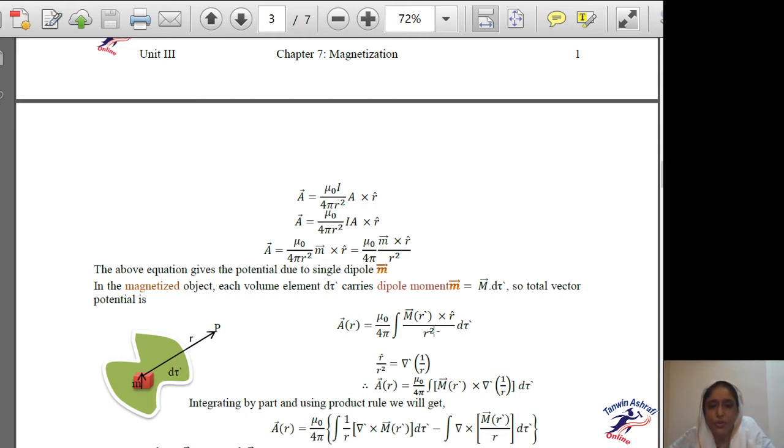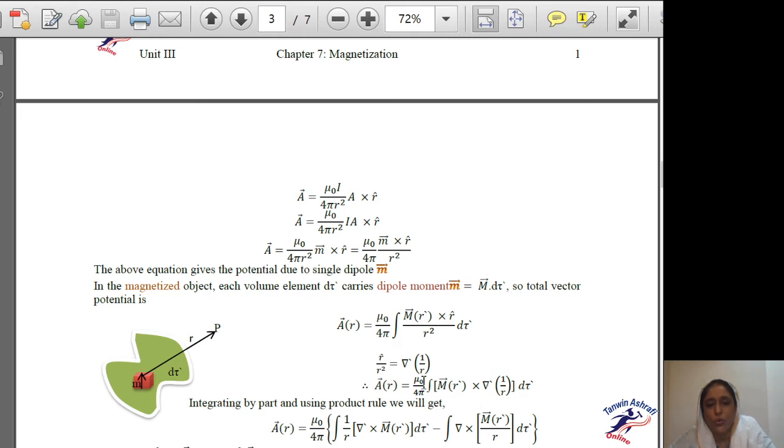Now if you look closely, this r cap divided by r square is nothing but the gradient of 1 upon r. If we replace it in the equation, we get vector potential A equal to mu naught divided by 4 pi times the integration of magnetization cross product with the gradient of 1 upon r d tau prime.